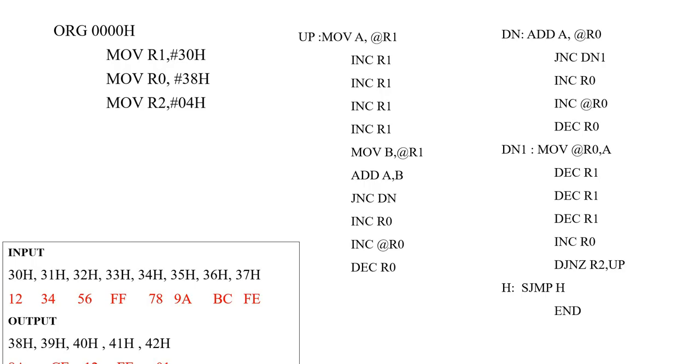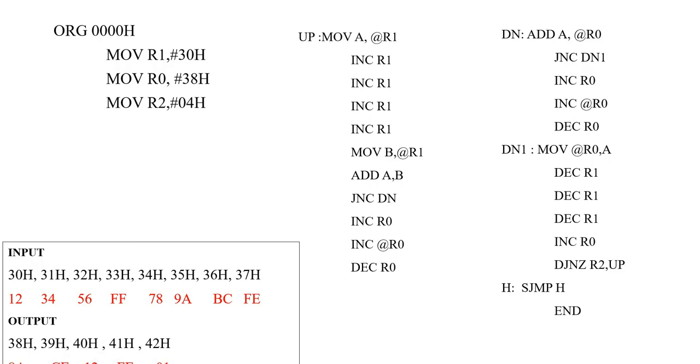Then comes MOV R2, #04H, that is it will set the counter R2 to 4, because it has to process 4 bytes of the 32-bit numbers. If you remember, in 16-bit addition we used MOV R2, #02H, because there the 16-bit number had only 2 bytes.